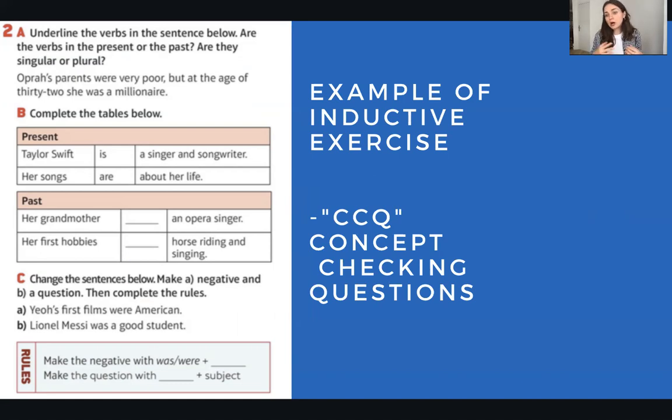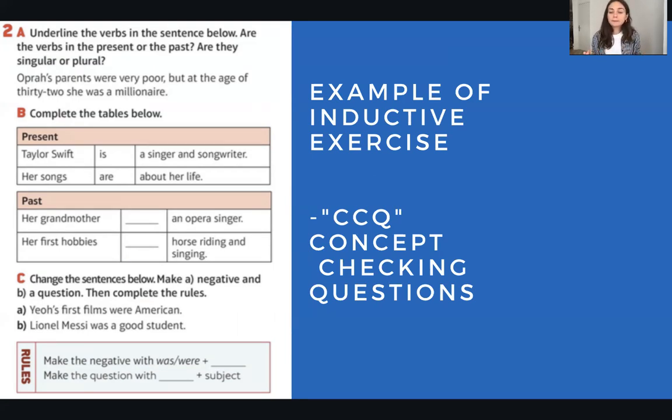And the topic of our lesson today will be grammar, past simple of to be. And I asked my student to look at exercise number 2A and read the sentence. So my student reads the sentence: Oprah's parents were very poor, and at the age of 32, she was a millionaire.